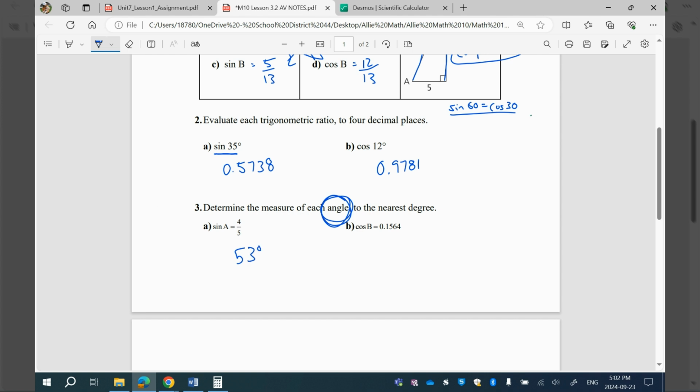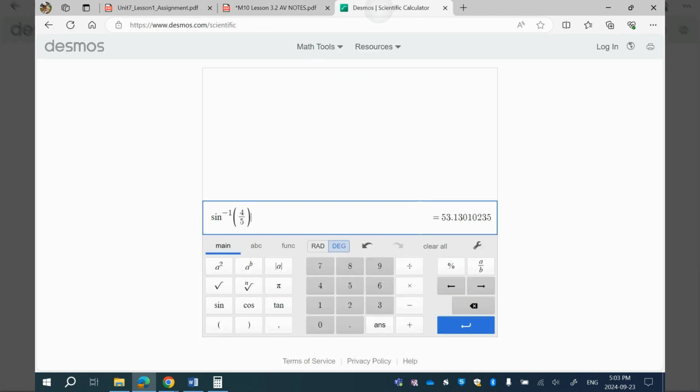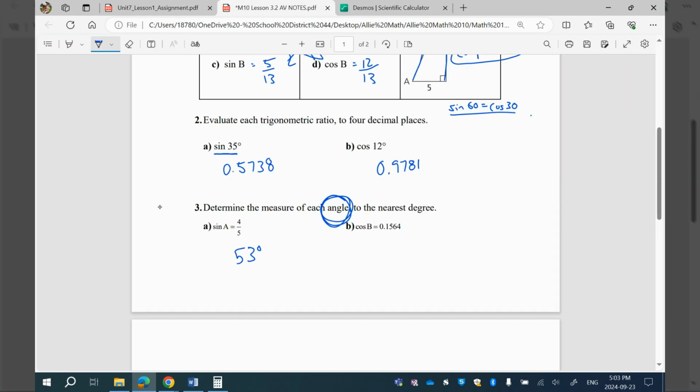And cosine 0.1564, we're going to use the inverse again, equals 81 degrees. So if we're looking for an angle, whether that's tan, cos or sine, we're going to use the inverse.